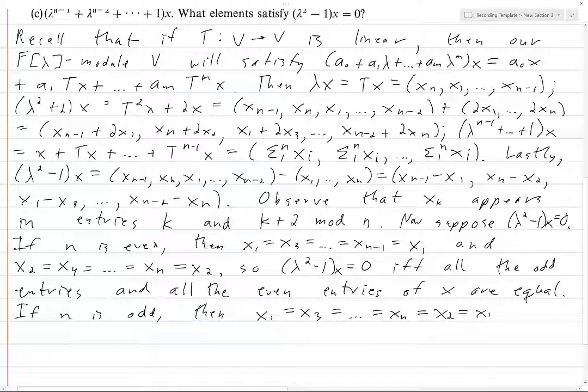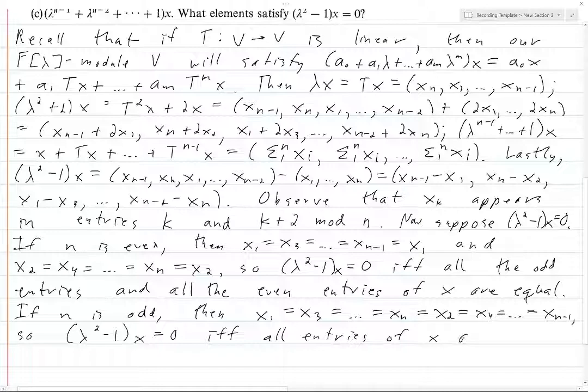Then from here we're going to go to x_4, and this is going to lead us all the way up to x_{n−1}. And so all of the values are equal. All of the entries are equal. So (λ² − 1)x = 0 if and only if all entries of x are equal.